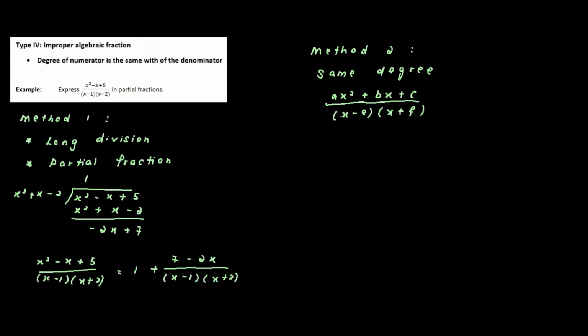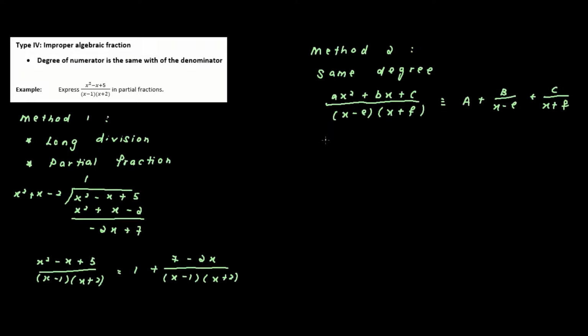So x squared here, then when you multiply this and expand, you get x squared as well. So the thing that you can do is they will have a constant outside. Then after that, you do the same thing, plus b over x minus e, then plus c over x plus f, like that. So you are still doing the same thing, but if they have the same degree, then you need to put an a in front.